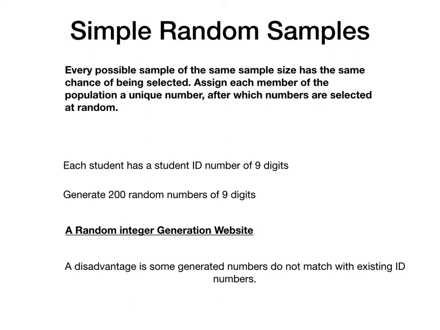But there's a caveat in this technique: what if you generate some numbers that do not match existing ID numbers? Then you have to throw those numbers away and keep generating new random numbers until you get to 200 ID numbers for your sample.